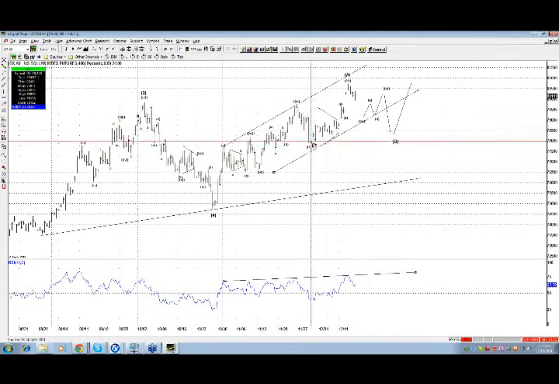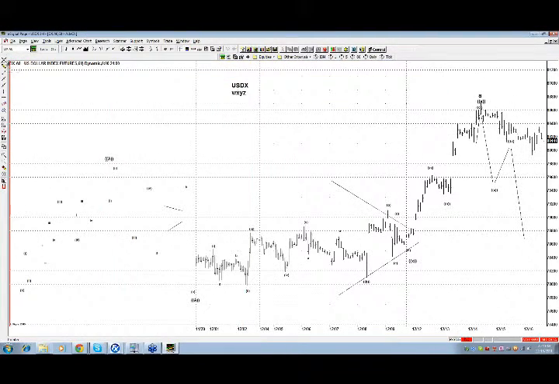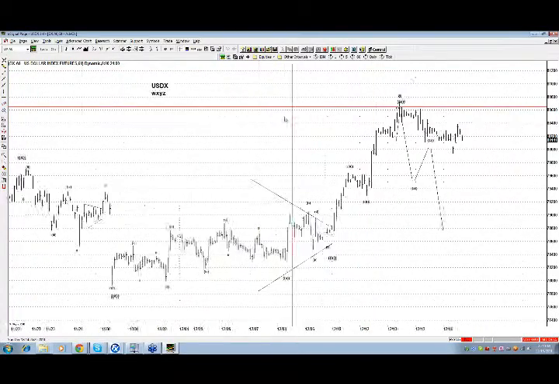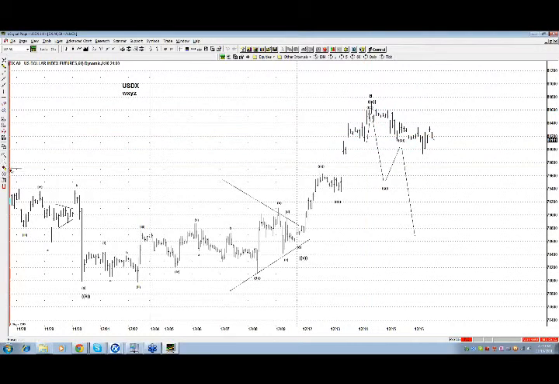Now, let's take a look at this part right here and see how it looks. The second scenario, let me fix it here a little bit.